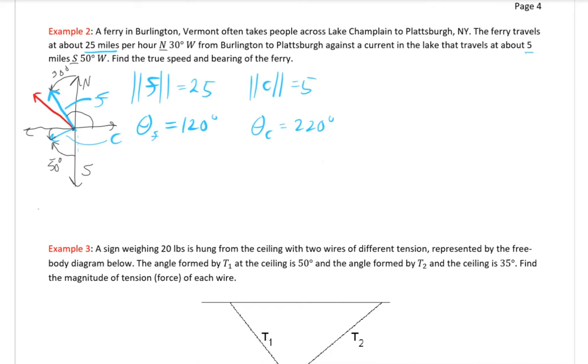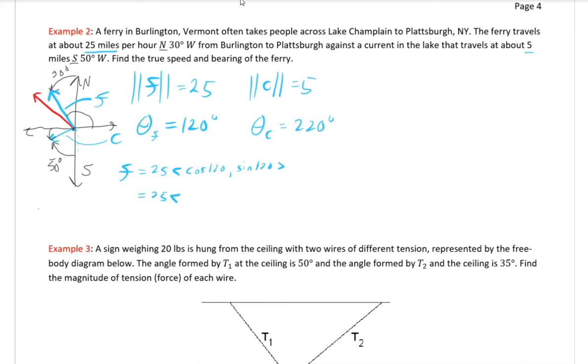Now, the vectors themselves. The ferry vector is going to be defined by the magnitude times the cosine and sine of that angle measure. So we should be able to say 25 times cosine of 120 and sine of 120.